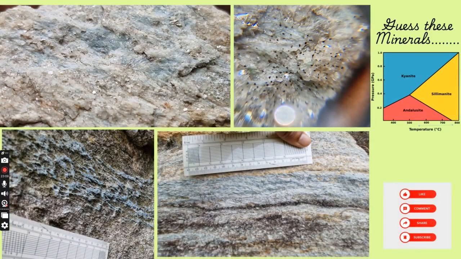Now, after having the overall idea, you need to guess what those minerals are. That is not so easy a task, but try to understand. These are kyanite, with a bluish tint. But what about these? Here you can see black dots. These are euhedral, of course. When you zoom in, you can understand.